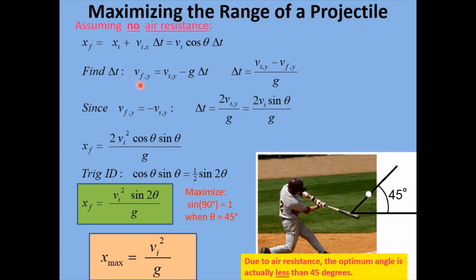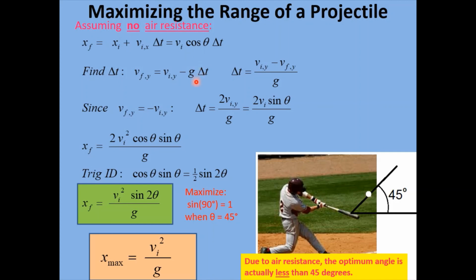to find an expression for delta t. Remember that the final y velocity is equal to the initial y velocity minus g times delta t. So we can solve this equation for time. The way to do this is we can move this g delta t term over to the left side, which gets rid of the minus sign, and we can move this v final y over to the right side, where it picks up a minus sign.